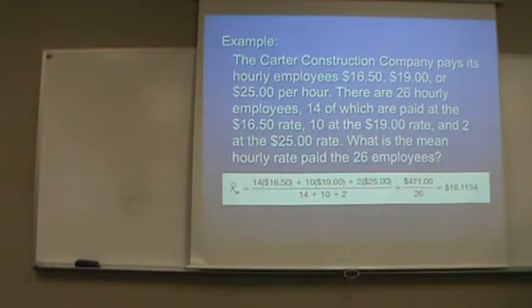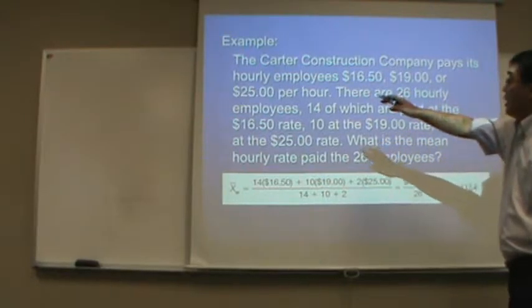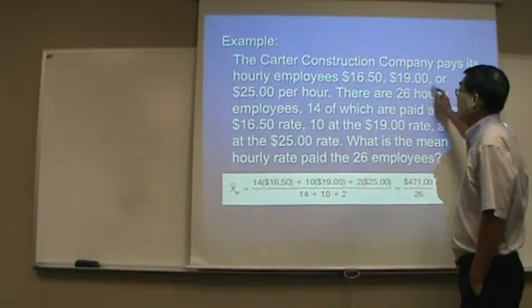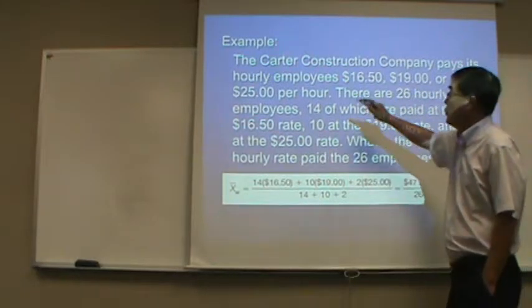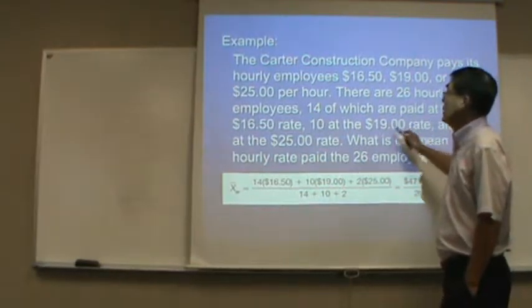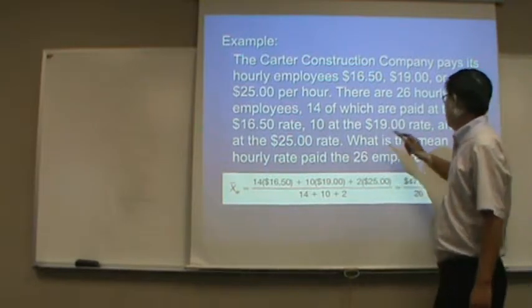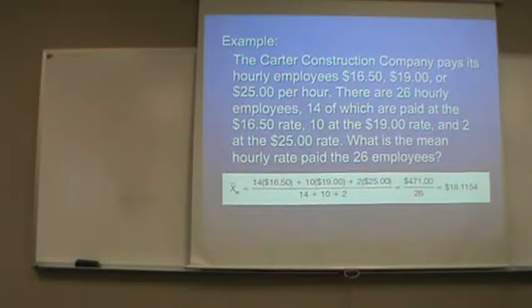Each one's weight is different, so the score may be different. That is the weighted mean. For example, a classic example: a company pays its hourly employees between $16.50 and $25 per hour. The total number is 26. 14 are paid 16.5, 10 are paid 19, 2 are paid 25. Then what is the average wage?